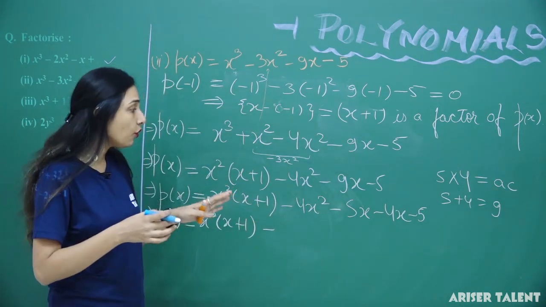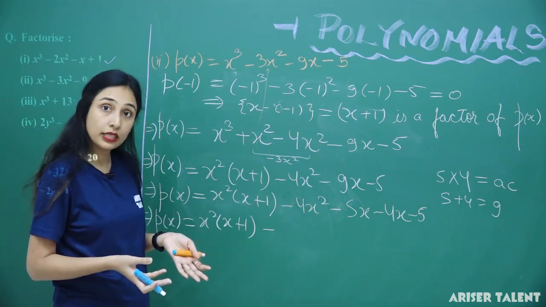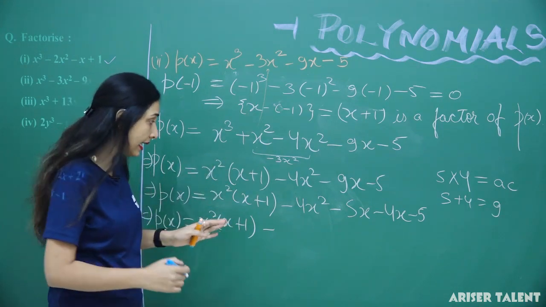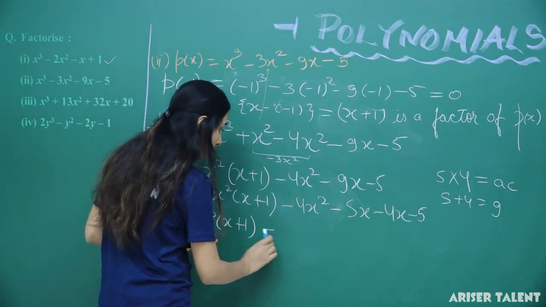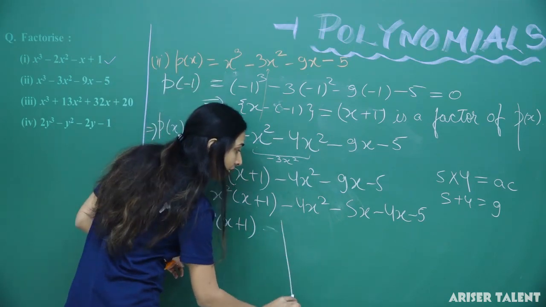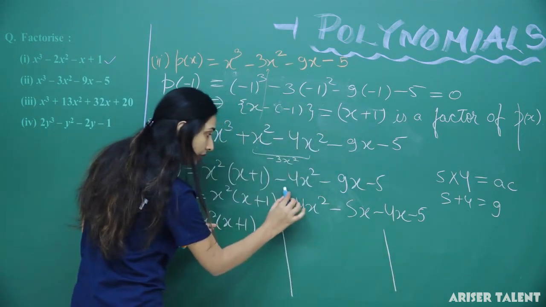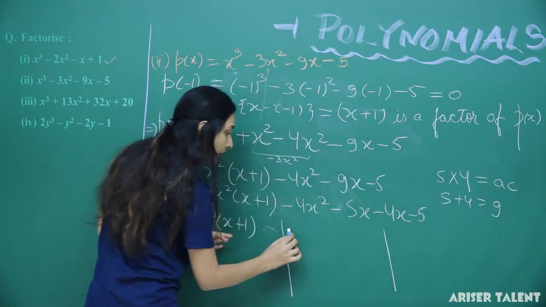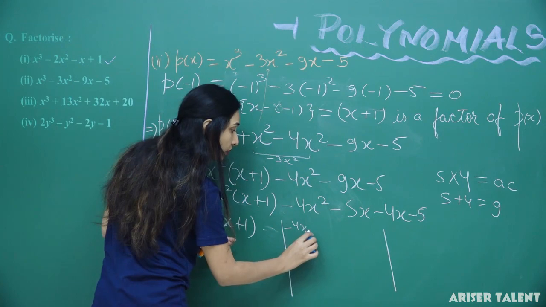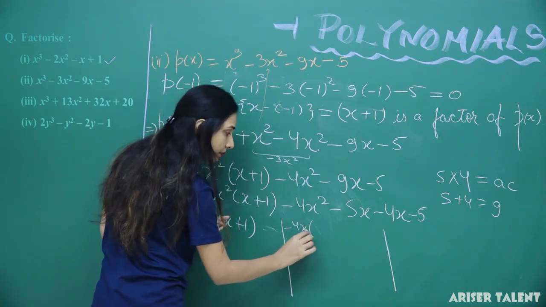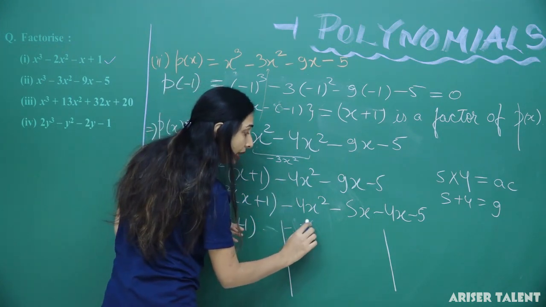But taking 4x minus 5 is not an option, and you can do it also. Let me tell you how. From here you can do it in two methods. I am talking about this portion only. So minus 4x square minus, x common, sorry, minus x common.